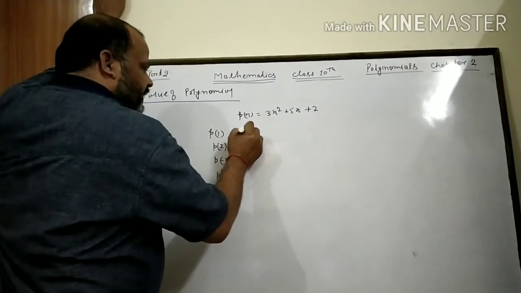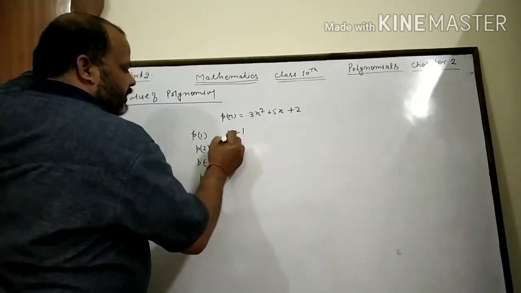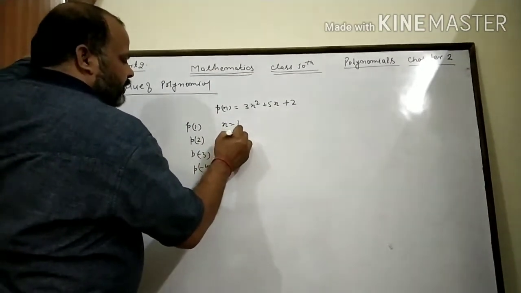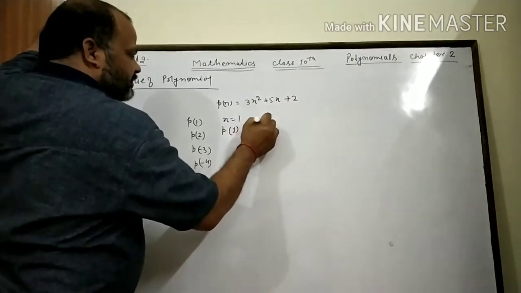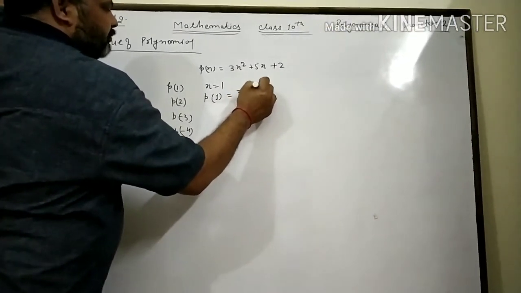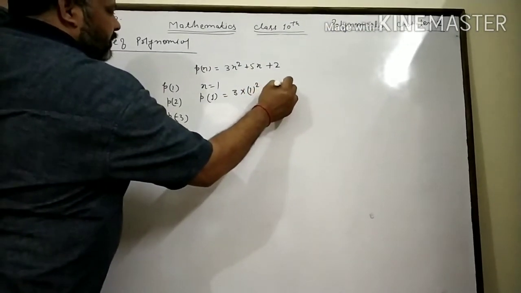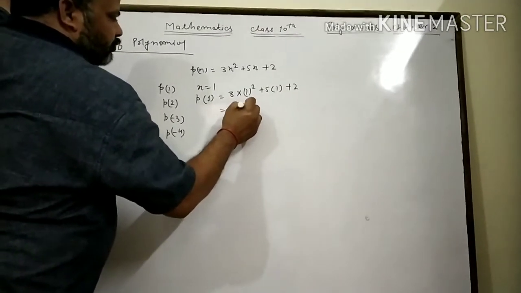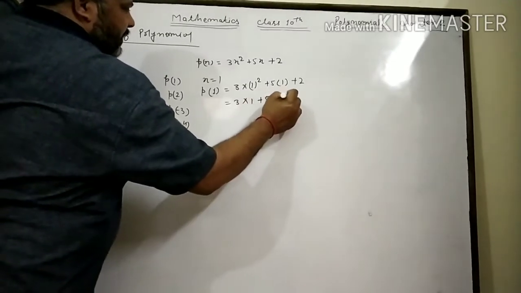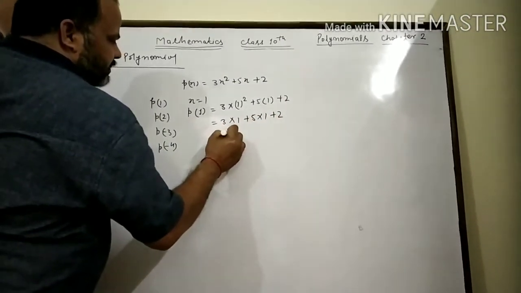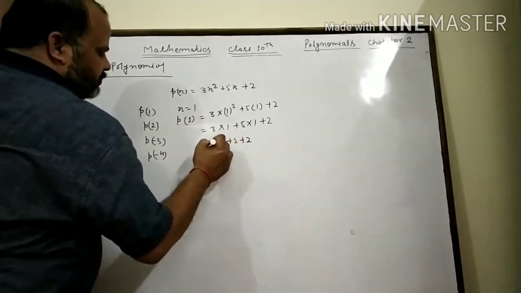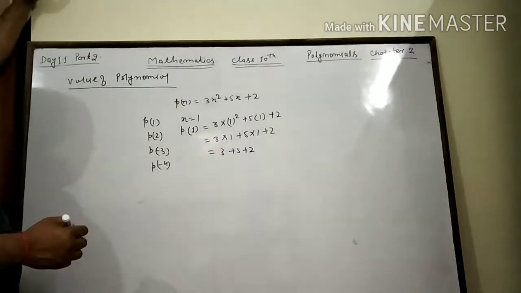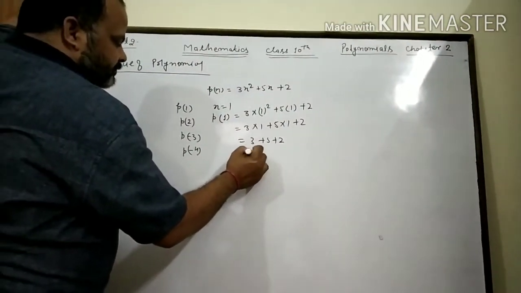Then suppose x is equal to 1. Then it is called p(1). Then in place of x you put 1. It is 3 into 1 square plus 5 into 1 plus 2. Then 3 into 1 plus 5, so it is 3 plus 5 plus 2. 3 plus 5 is 8 and 2, 10.